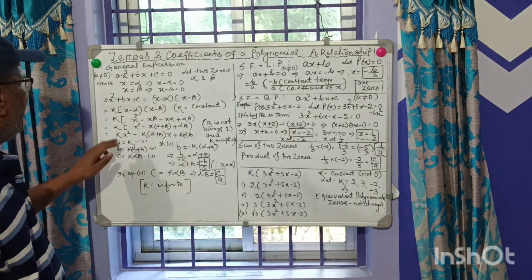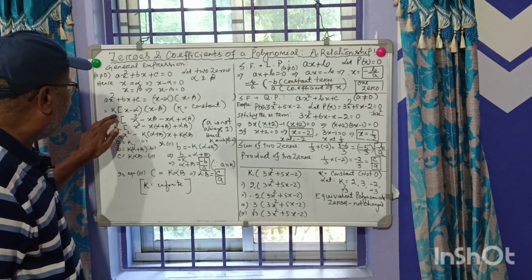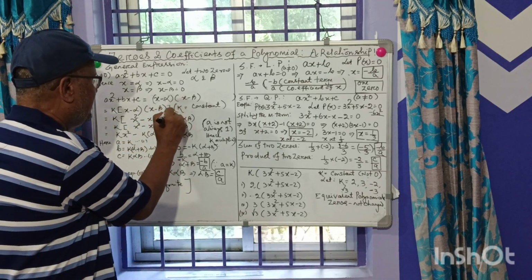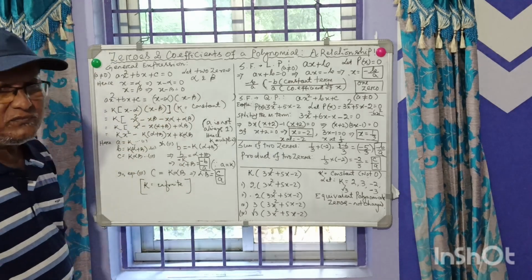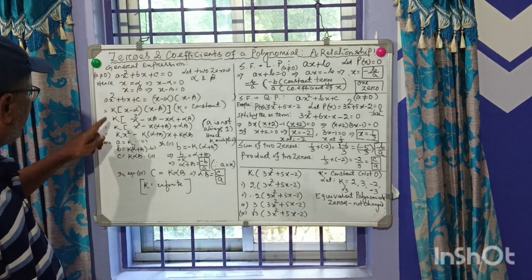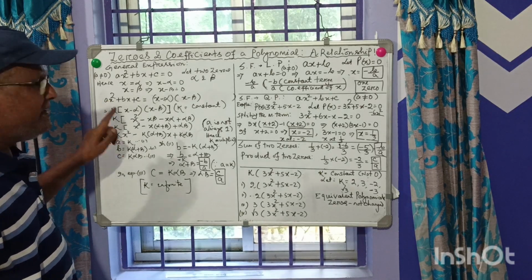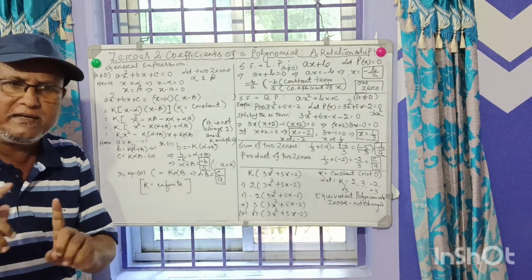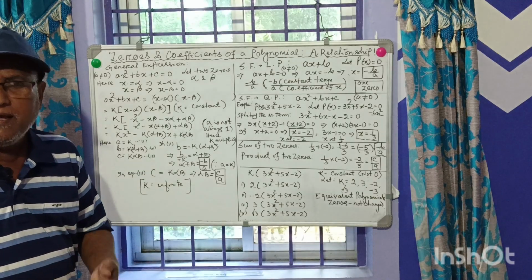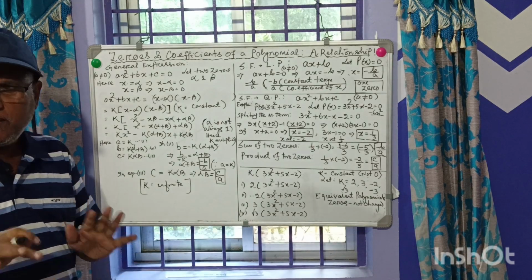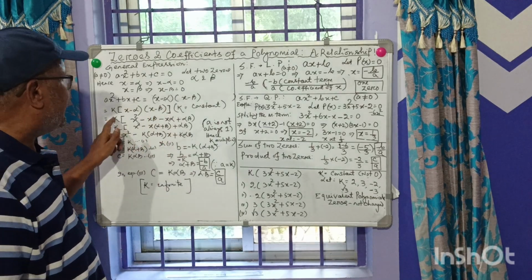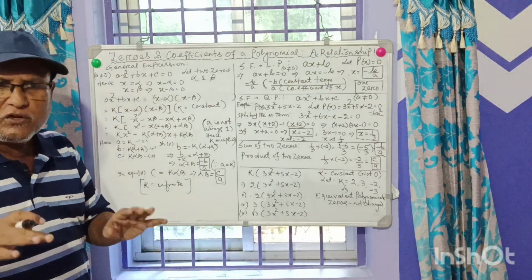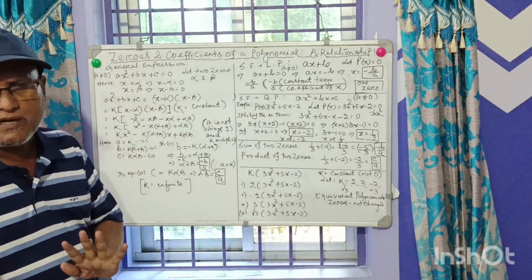So let's multiply by k here. The reason is that a is not always 1. It may be any real number. For that reason, k is multiplied here. Many students ask why k is multiplied.